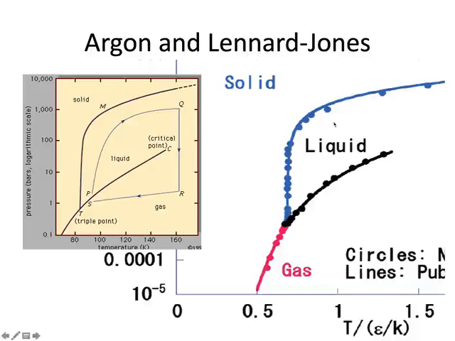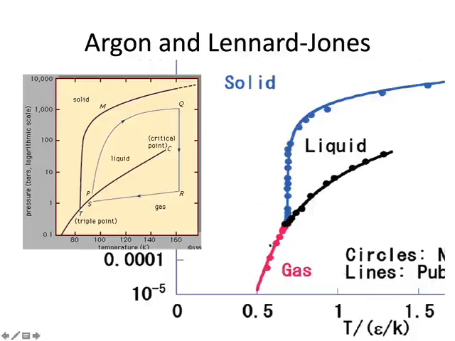Now, the phase diagram of Lennard-Jones can be displayed with temperature on the vertical axis and pressure on the horizontal axis as well. And here we see the triple point, the critical point, and the liquid-solid coexistence line that just goes on forever.